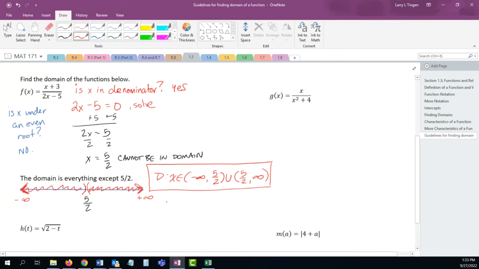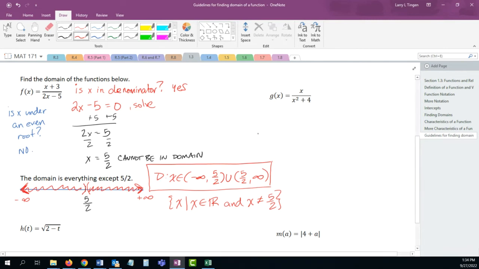If it were in set builder notation, we would say x such that x is a real number and x is not equal to 5/2. That's another way to write it. So if you run into set builder notation, I want you to realize that's what you're looking at.